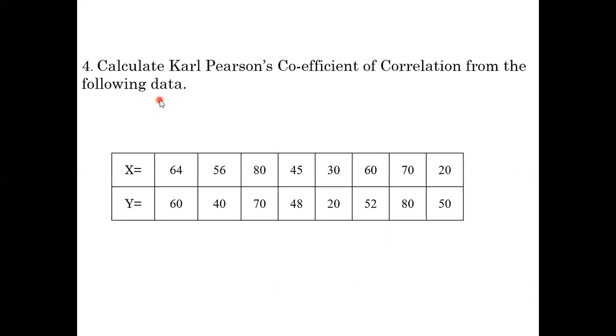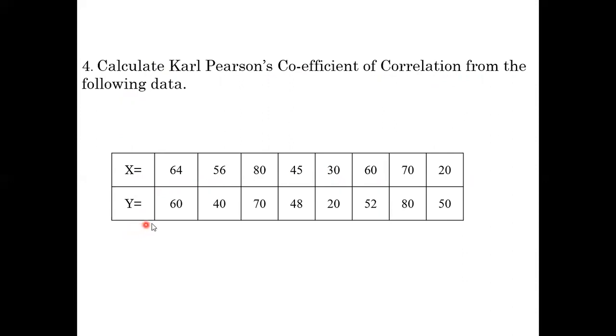Next, we will move to the next problem. Calculate Pearson coefficient of correlation from the following data. Here this is the x variable and this is the y variable. In the x variable, the data given is 64, 56, 80, 45, 30, 60, 70, 20.